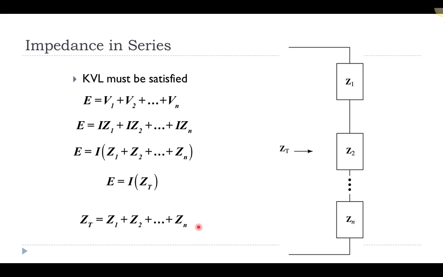So essentially, when you have components in AC that are connected in series, the overall impedance is going to add together. The current will be the same through all the components, and the voltages have to add up to the source, just like if we had resistors for DC.